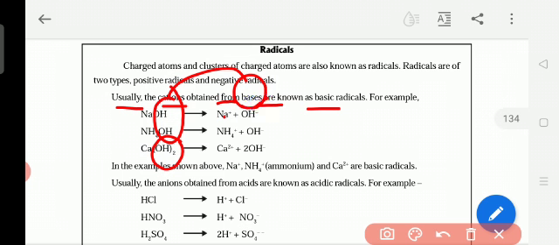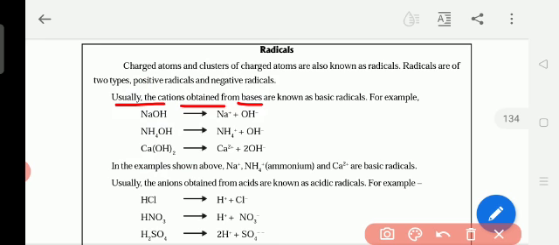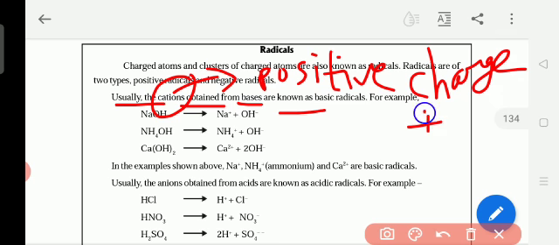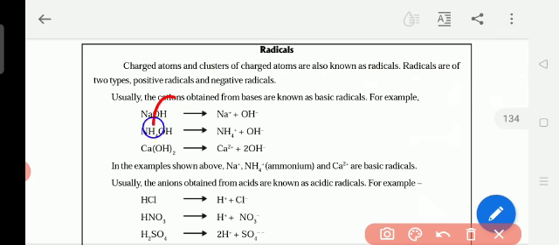You studied this in class 7 in the acids, bases and salts lesson. Cations mean positive charge, so write that in your textbooks; I will check. So in the bases, all the positively charged radicals are called basic radicals. Here Na plus, NH4 plus and Ca2 plus are the basic radicals.